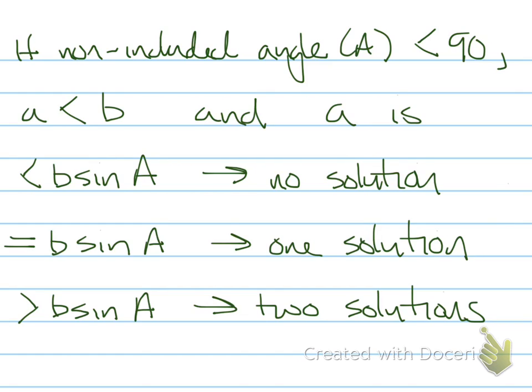Now, if the non-included angle is less than 90 degrees, then first we want to find the measure of the other side, b, times sine of the angle A. If a is less than that quantity, then we'll end up with no solution. If a is equal to that quantity, then we'll get one solution. If a is greater than that quantity, then we'll get two solutions.